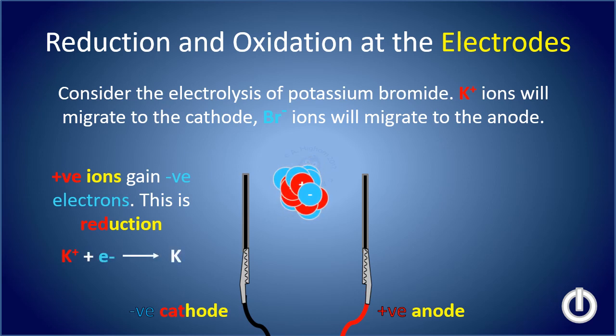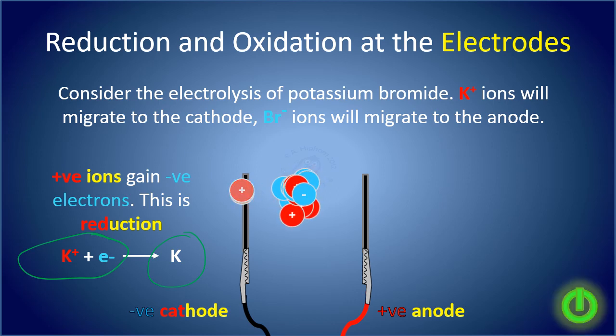You can see there's an equation there, K plus, and we're going to give it an electron to turn it back into the atom, so the elemental potassium, which is a silvery metal. So all the positive ions are migrating to the negative cathode, and they're going to collect an electron and form the elemental metal.